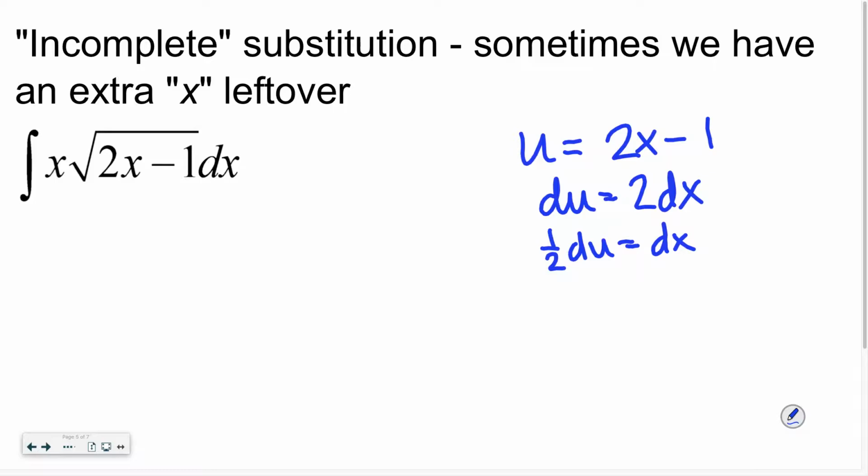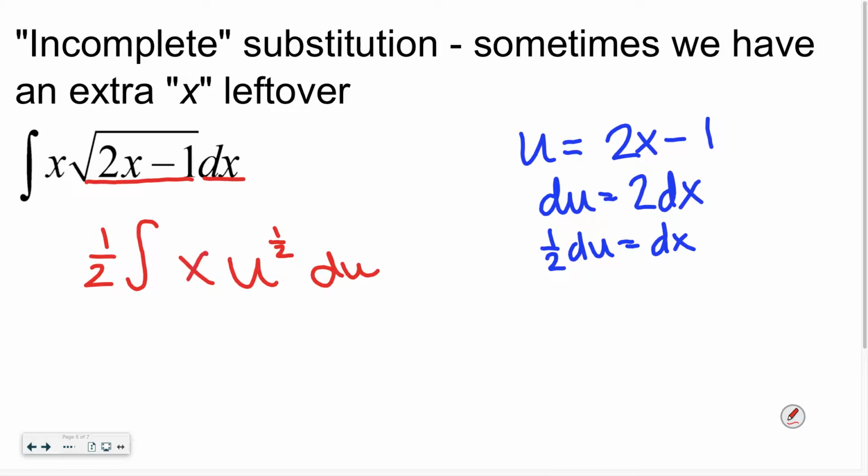Let's go back to our integral. dx becomes 1/2 du. 2x minus 1 is u. But then we still have an x that we haven't replaced.